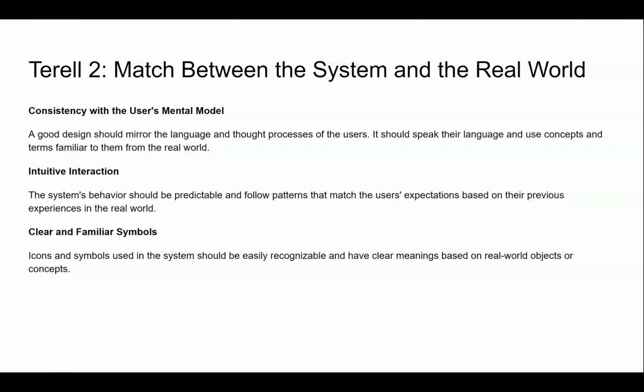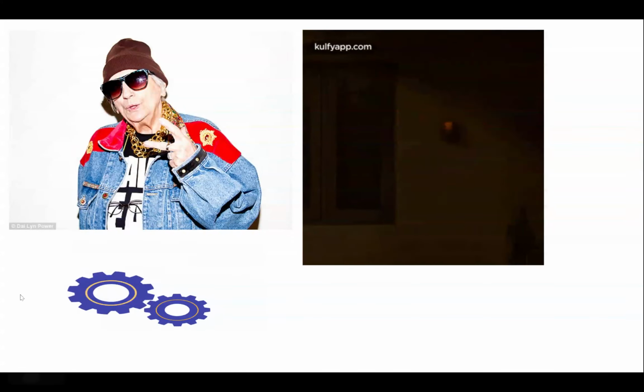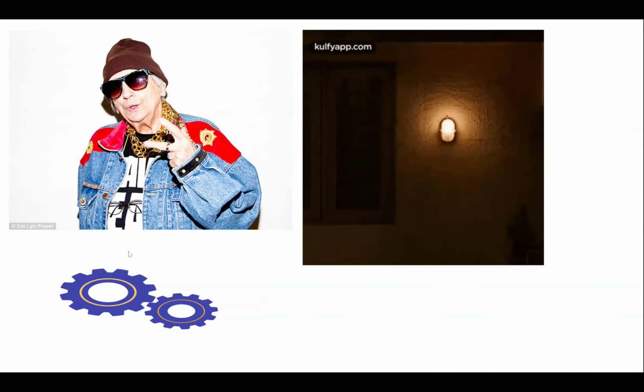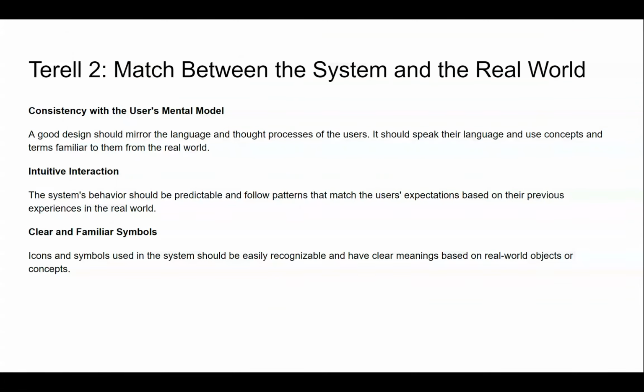And then lastly, icons and symbols used in the system should be easily recognizable and have clear meanings based on real world objects or concepts. So let's use this for example: the gear icon on applications, on phones.